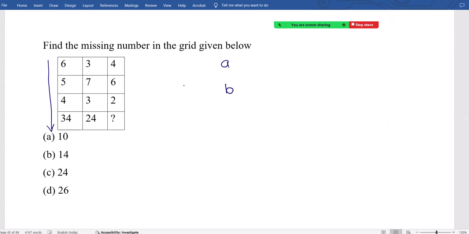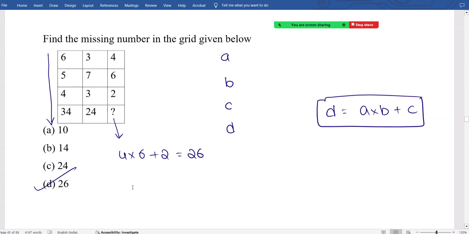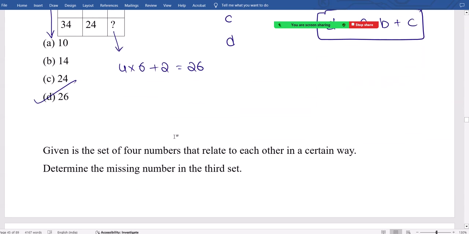A, B, C, D. D is nothing but A multiplied by B plus C. 4 multiplied by 6, then add 2, which is 26. Right. Next one.